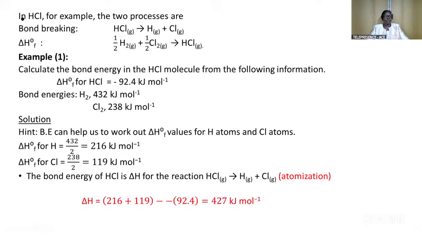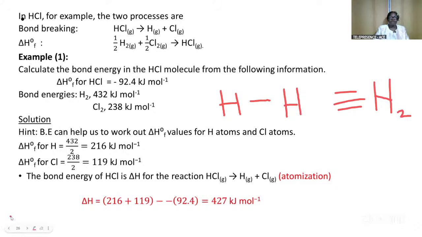So if you look at the information, we even have the bond energies of chlorine given, and then hydrogen, where you have H. I explained this. So the bond energy given is for H bonded to H, because that is what gives you the H2.